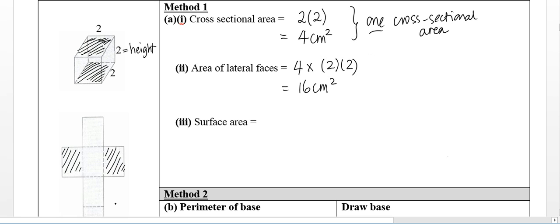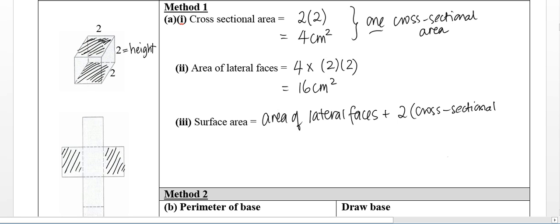So the total surface area of this cube will be area of the lateral faces plus 2 times the cross-sectional area of the cube.